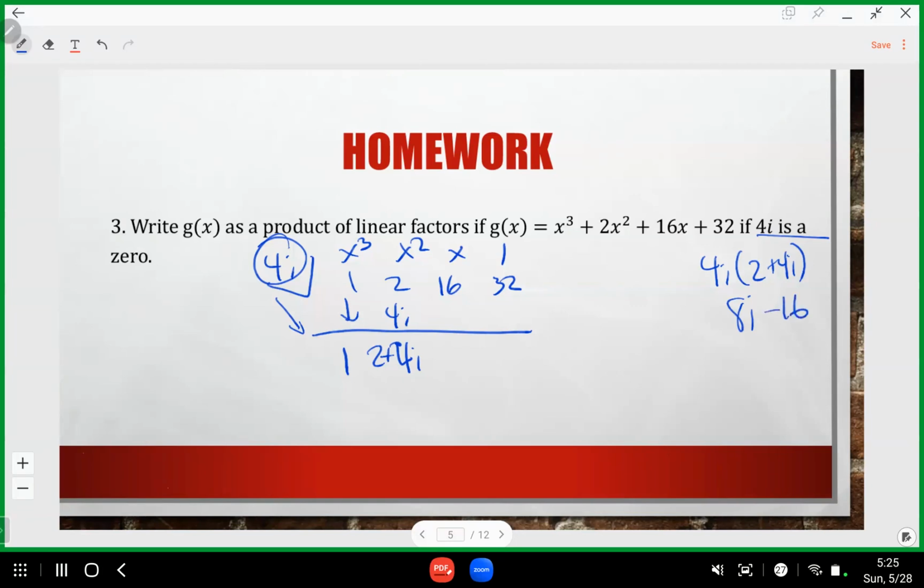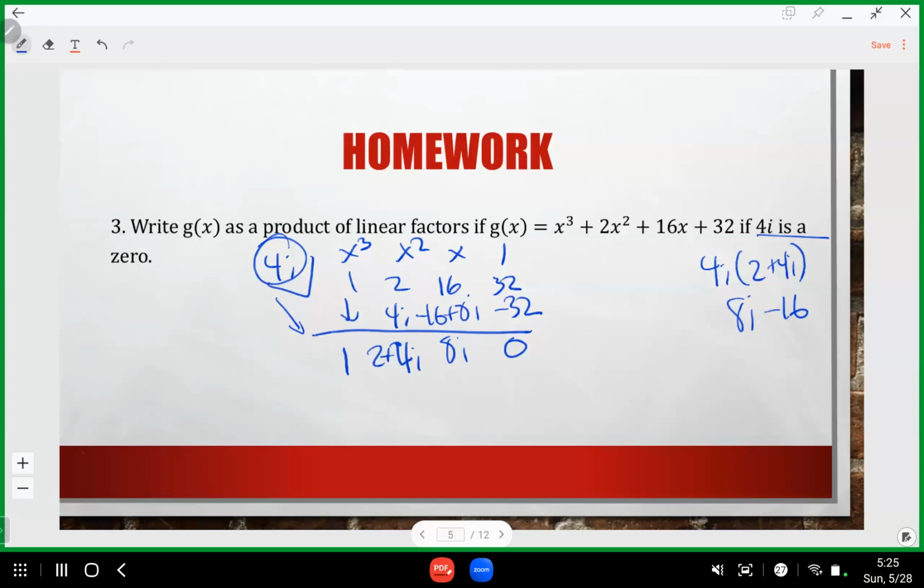This is minus 16 plus 8i. And then what is that equal to? Just 8i. And what is 4i times 8i? -32. Very good. So then we are perfectly left with a 0.